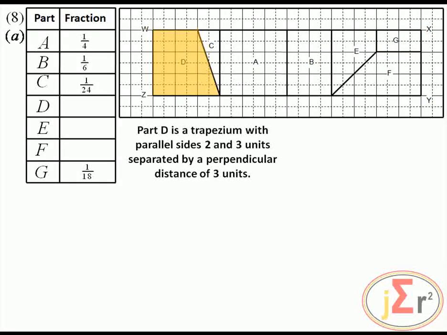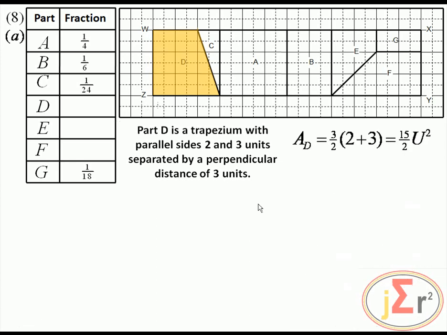What about D? D is a trapezium with parallel sides 2 and 3 units. And those parallel sides are separated by a perpendicular distance of 3 units.